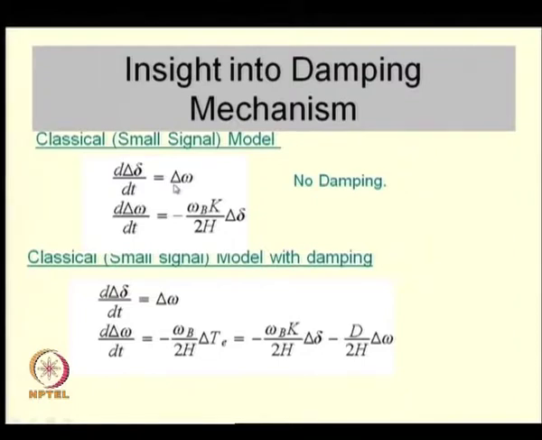Now, what I have tried to show you is that you can actually introduce damping of the swing modes by trying to have electrical torque components which are proportional to speed. This is a very heuristic and crude kind of explanation of how one could actually achieve damping.